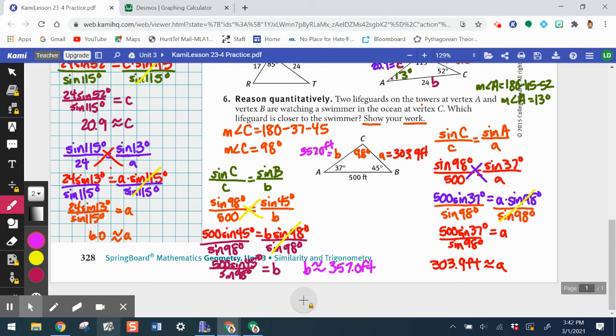And so whichever angle measure is the smallest angle measure in the triangle, its opposite side is the smallest length.